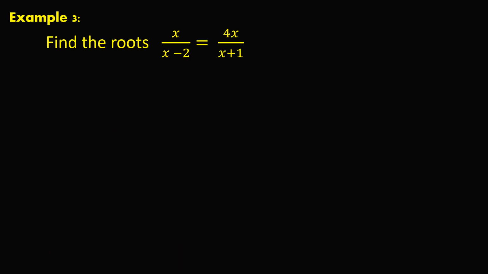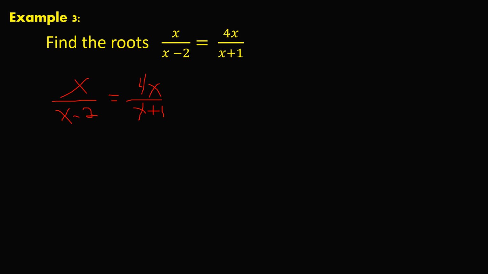And now for this next example, find the roots of x over x minus 2 equals 4x over x plus 1. So, rewriting the equation, x over x minus 2 equals 4x over x plus 1. So we have to multiply the whole equation by the least common denominator.